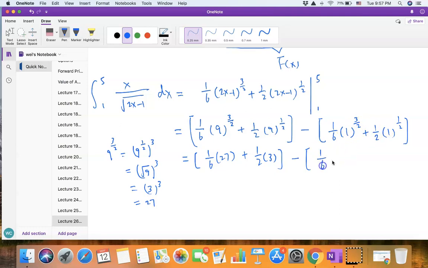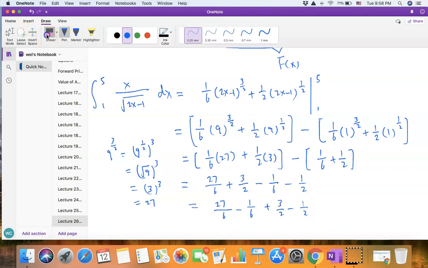So this is 1 over 6 plus 1 over 2. Okay. So we have 27 over 6 plus 3 over 2 minus 1 over 6 minus 1 over 2, which is 27 minus 1 over 6 plus 3 over 2 minus 1 over 2.